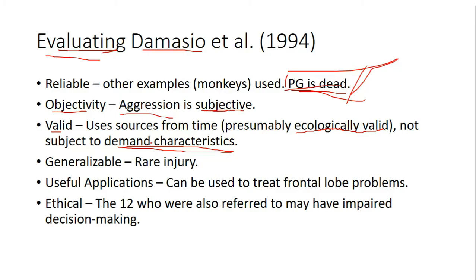So you might be doing a study where people have to write a paragraph on how aggressive they are, just as an example, and that would be really subject to demand characteristics, because if you told people we want to research how aggressive you are, then someone might write out, oh, I'm really aggressive, because I do this, this, and this, and they might lie a bit. Don't say lie in your exam. But that's demand characteristics. It's doing what you think the researcher wants you to do. And this is a thing about Phineas Gage being dead and also about using monkeys. You don't get demand characteristics.